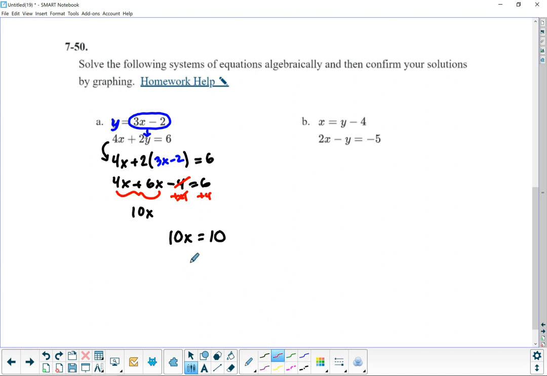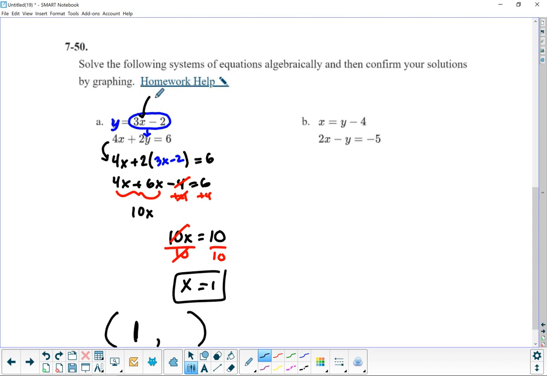Divide both by 10, and I get x equals 1. So my answer is going to look like this with 1 as my x. And if x is 1, I put 1 right here. 3 times 1, I'm going to do this mentally. 3 times 1 is 3. 3 take away 2, and y equals 1 also. So my answer is 1, 1.